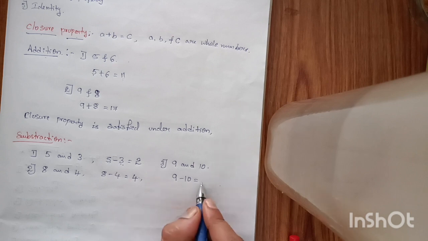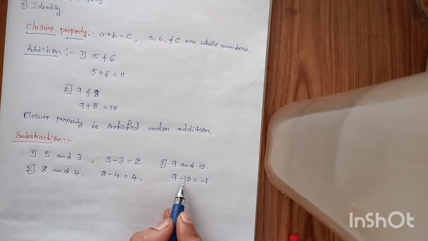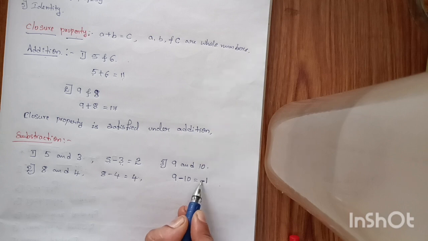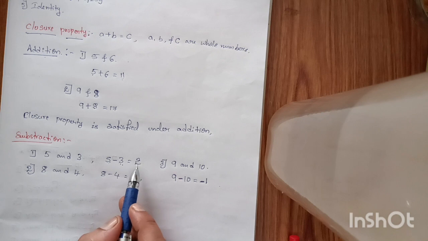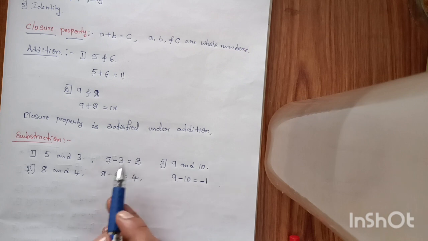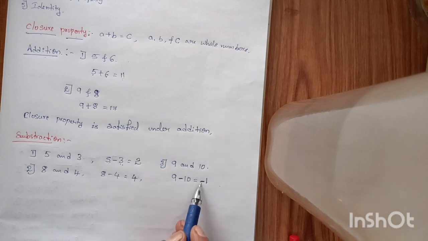In the previous examples we got 2 and 4, positive numbers belonging to whole numbers, but in the third example we get minus 1, which is not a whole number.